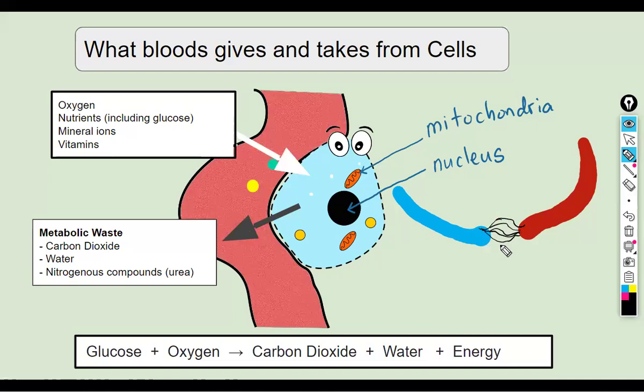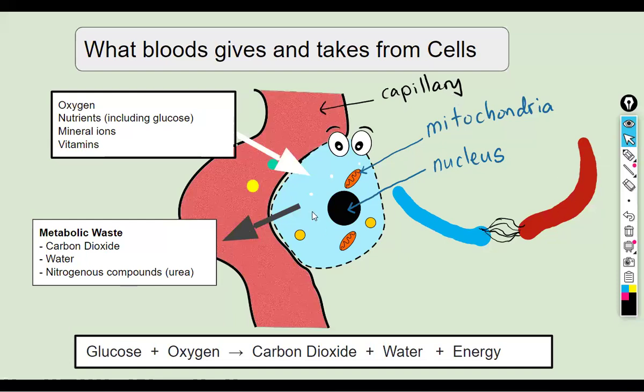Capillaries are roughly 1,000 times thinner than a vein or an artery. Capillaries are what make contact or interact with cells. So you see this blood vessel here? This is a capillary. Everybody okay with that now? Veins and arteries are too large to interact with cells. Only capillaries can interact with them.